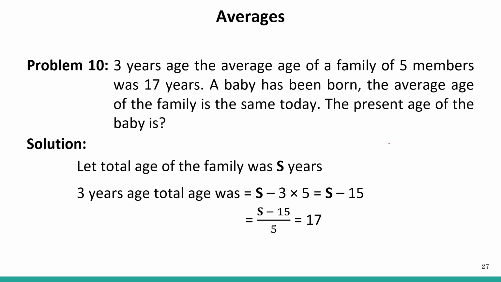Okay, so let's go forward with the step-by-step solution. Let the total age of the family be S years. The total age 3 years before was (S minus 3 into 5), which is equal to S minus 15. So (S minus 15) by 5 is equal to 17, which was given to us because their average age is 17.